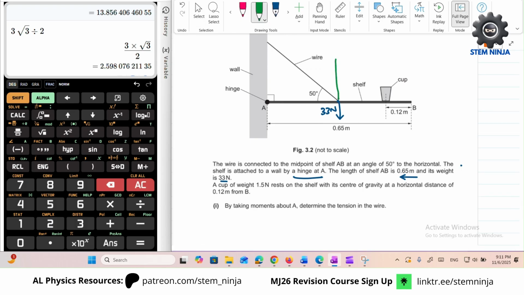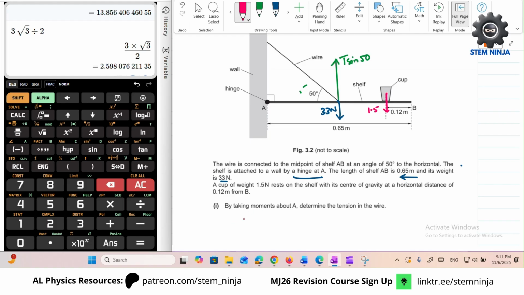Okay, so remember, only this component T sine 50 would be considered, because the horizontal one, T cos 50, has its line of action passing through A. So that moment will not be counted. We have a cup of weight acting at 1.5 newtons also.